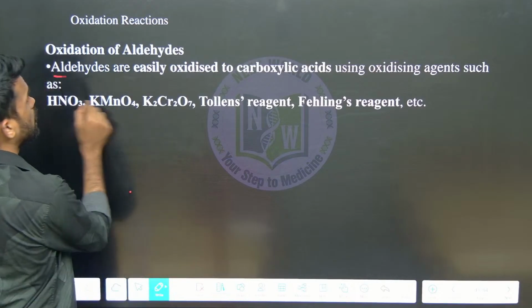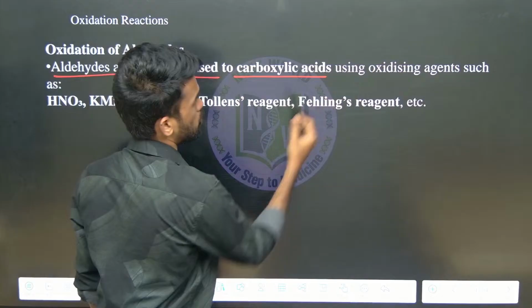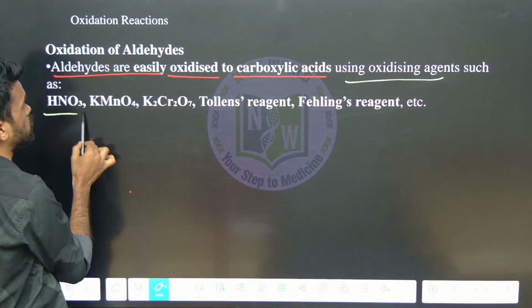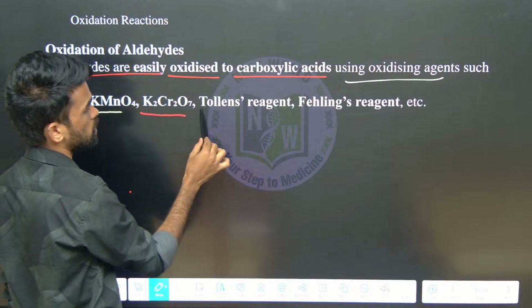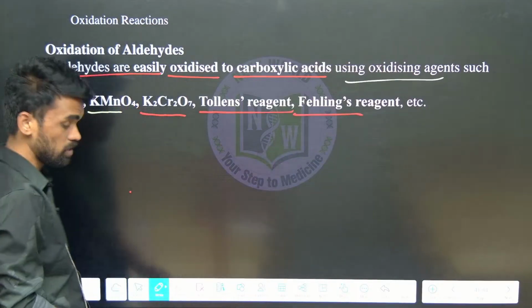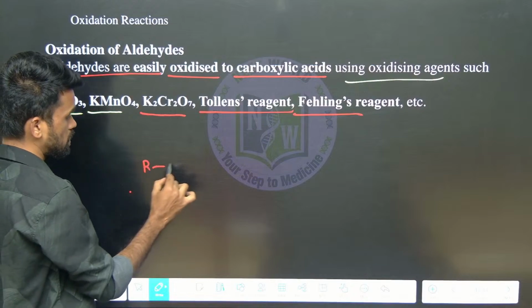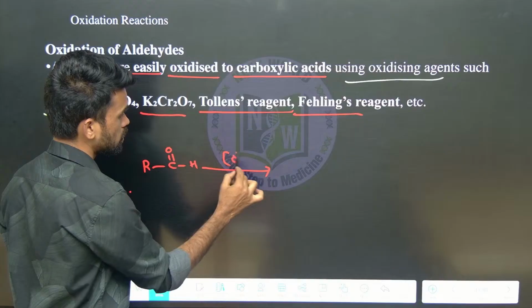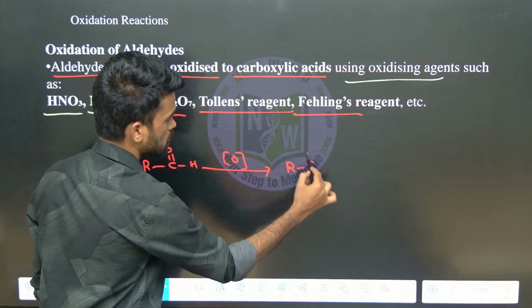See, aldehydes are easily oxidized to carboxylic acids using oxidizing agents like HNO3, KMnO4, K2Cr2O7, Tollens and Fehling's reagent. So aldehydes can get easily oxidized to carboxylic acids.